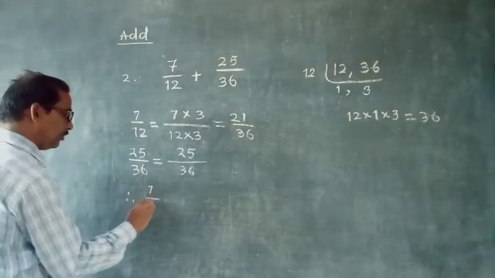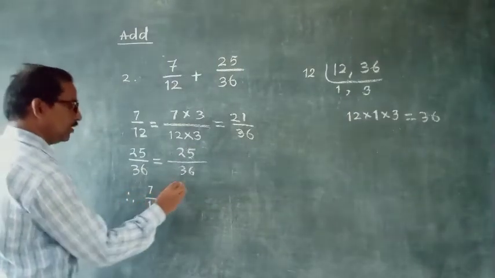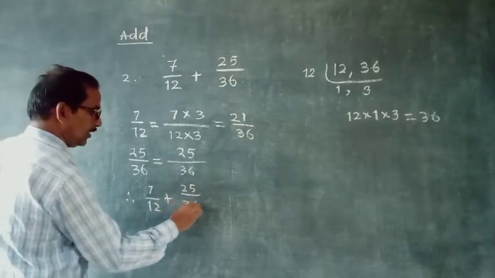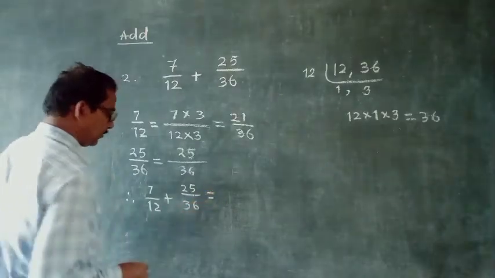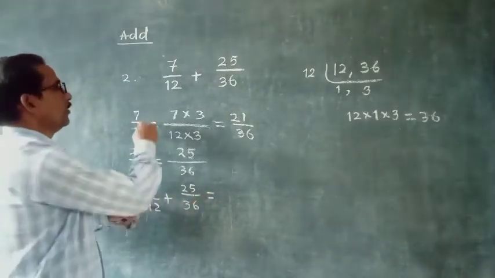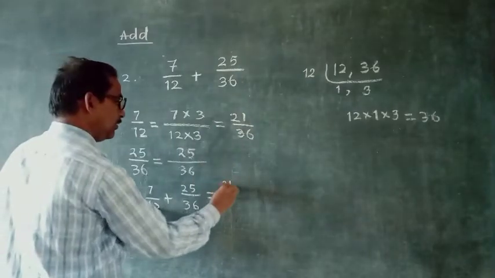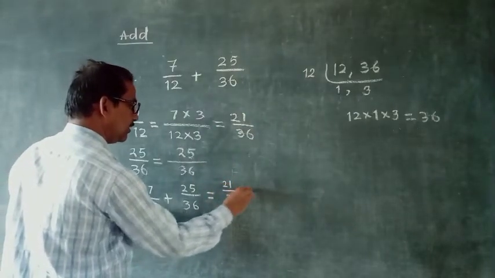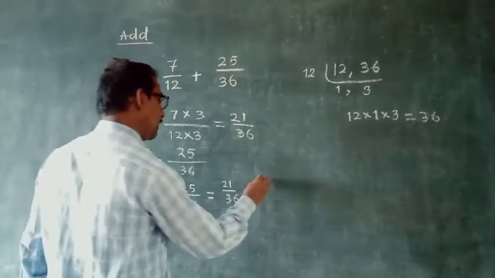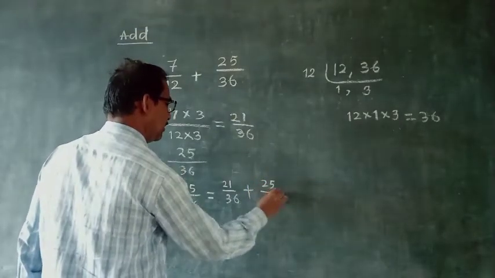7 upon 12 plus 25 upon 36 is equal to, for 7 by 12 we have to write 21 upon 36, plus for 25 upon 36 we have to write the same number, that is 36.